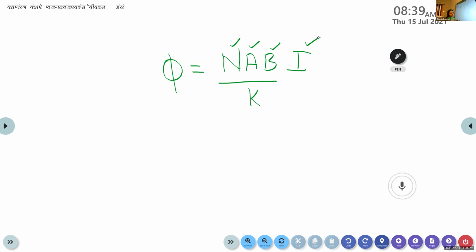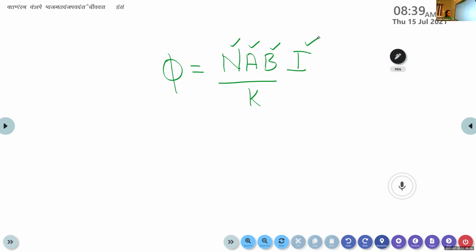K is the proportionality constant. So phi is equal to NAB I divided by K. And here we are going to discuss current sensitivity.